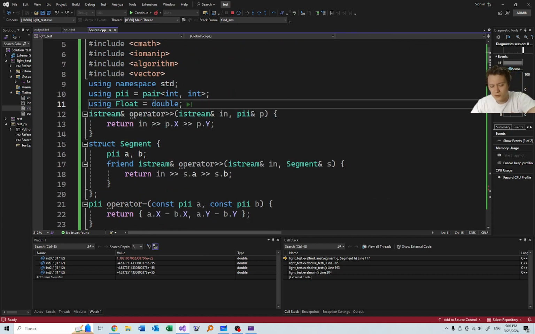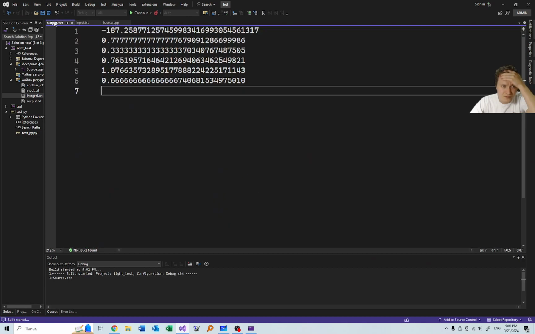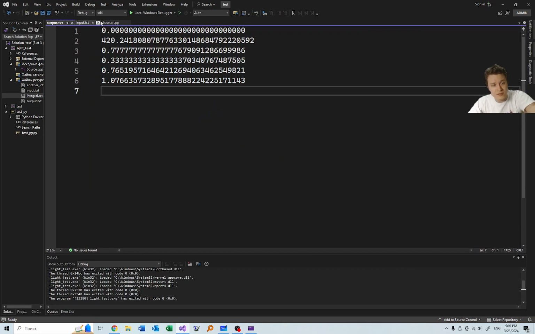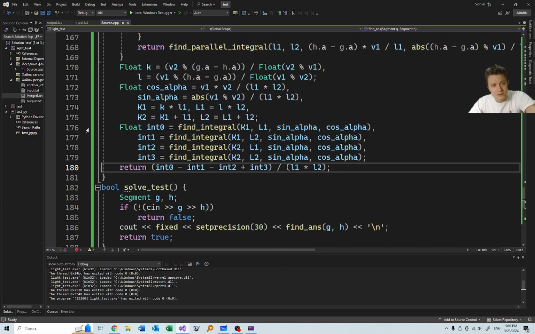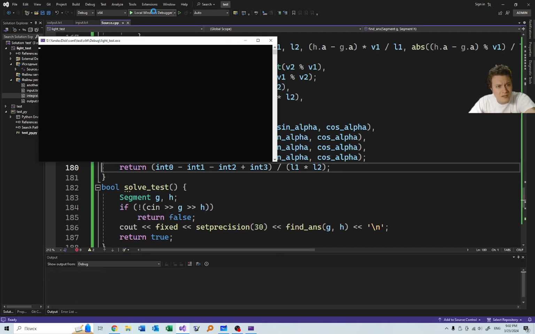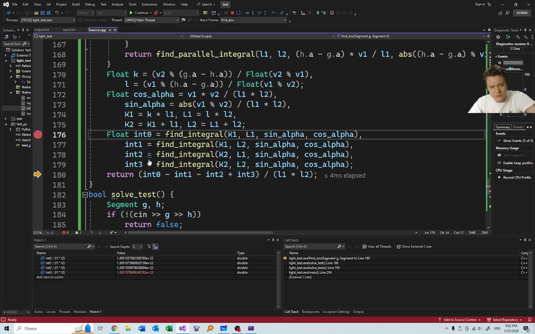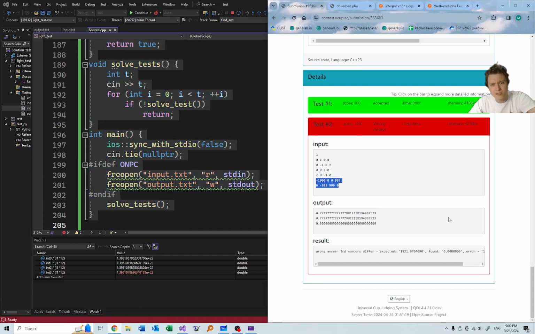Well, maybe we need long double to perform this calculation. Okay, I don't have long double on my PC. Are these numbers really that big? Okay, they are quite huge. Oh my god.